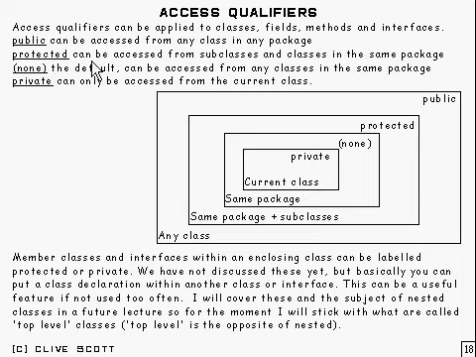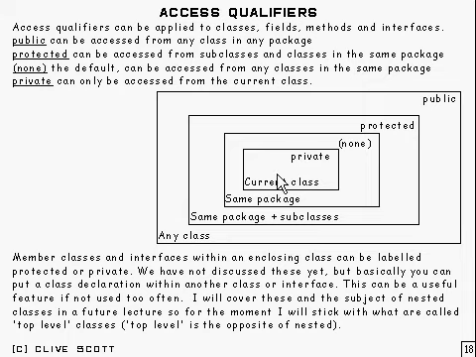Protected means that it can be accessed from subclasses and classes in the same package. The default, which is not specifying anything, means that it can be accessed from any class in the same package. And private means it can be accessed only from within the current class.